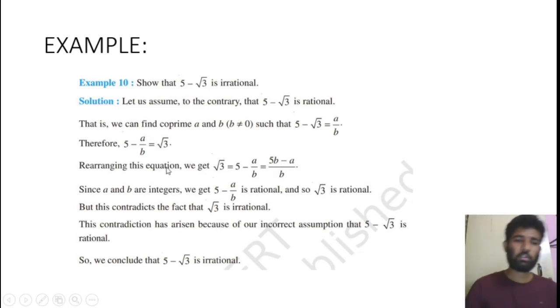Now 5 minus a by b is clearly a rational number, so root 3 should also be a rational number. But root 3 is irrational, as we have already proved in the previous slide. So this contradiction has arisen because of our incorrect assumption that 5 minus root 3 is rational. So we conclude that 5 minus root 3 is irrational.